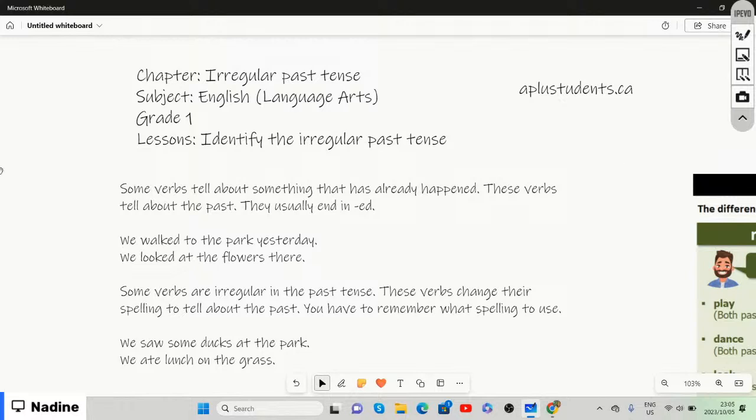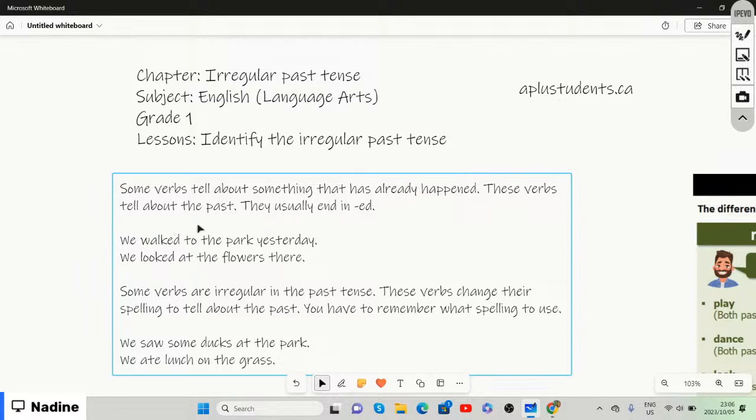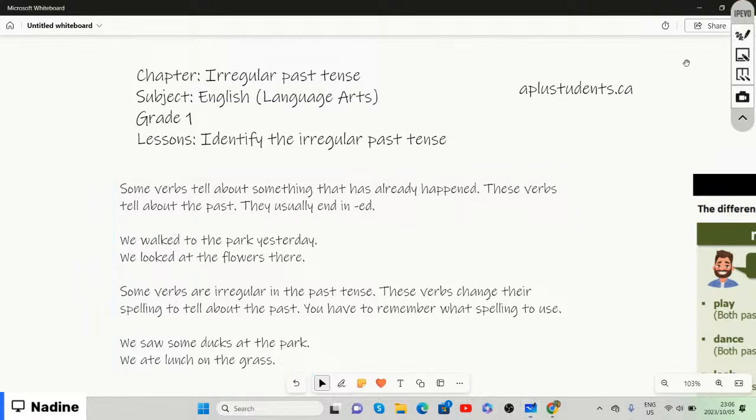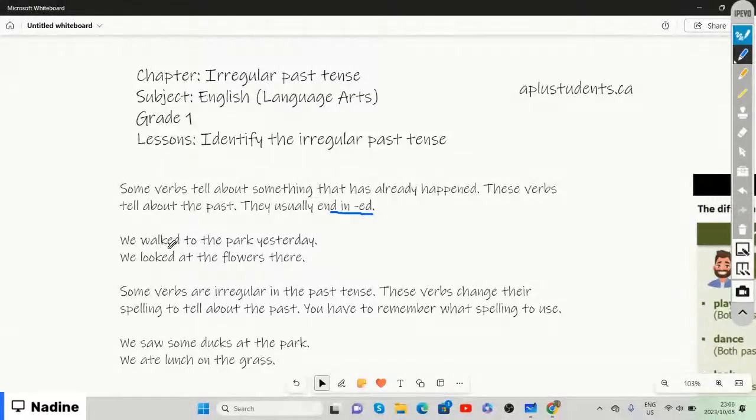So when we made mention of just some of the verbs that tell us about things that have happened already, we said that they usually end in ed, which is usually your regular verbs. An example is, we walked to the park yesterday. There we have walked.